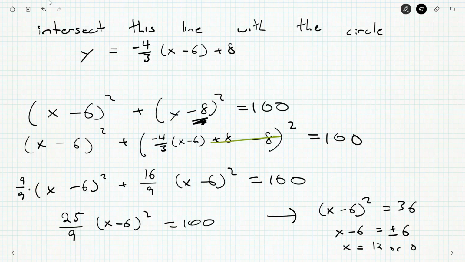Very similar to the very first question. This 12 here is going to substitute back in and gives us P. This 0 here doesn't give us the origin. It gives us R. And so we just need to work it out. Incidentally, I guess that means that R is the y-intercept. That's pretty cool.